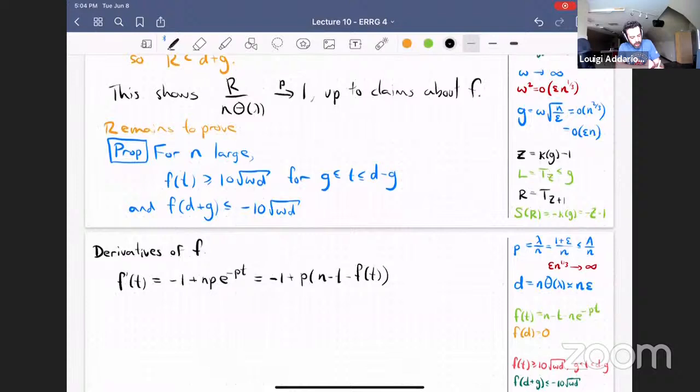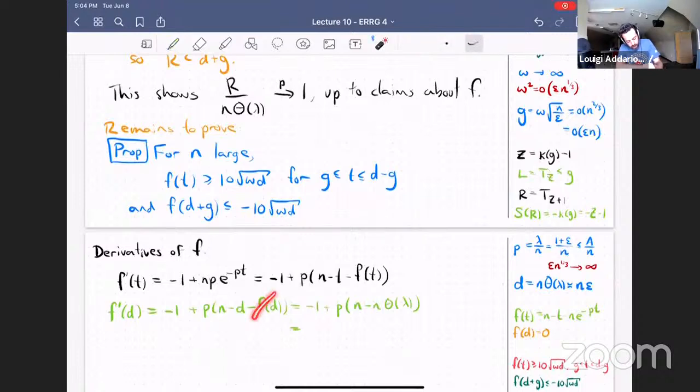Okay. And the reason I want to write things that way is because then if I look at the derivative evaluated at d, I get minus 1 plus p times n minus d minus f of d, but f of d is 0. So that's just minus 1 plus p times n minus d, and now d is n theta of lambda.